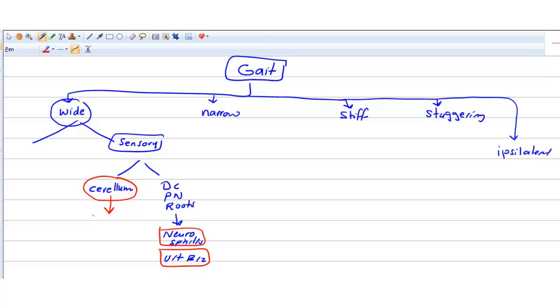Yeah, I think, although she said she's sure, but I think Romberg's goes with dorsal column. Those people, if they close their eyes and compensate, that means I think the cerebellum is working. I don't know. I just blocked, but I prefer to put it under dorsal column.